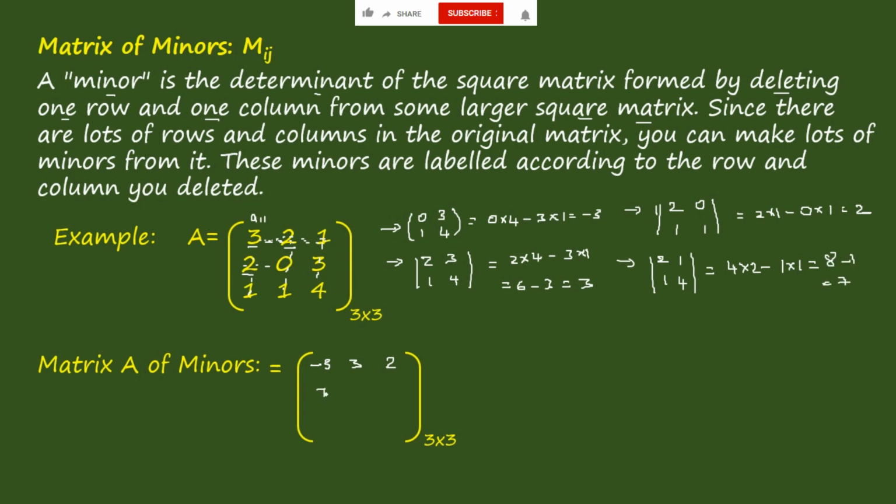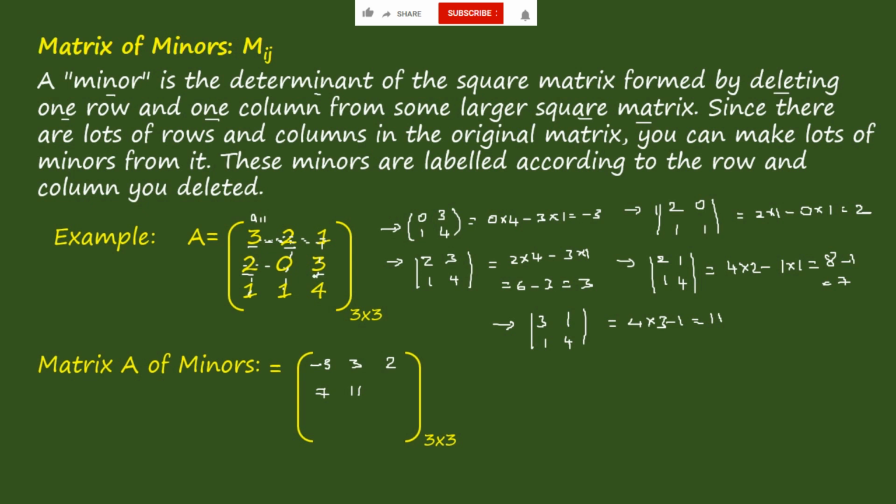So this value is 7. And consider 0. Again we delete the row and column. Then we get a square matrix 3, 1, 1, 4, which is 4 into 3 minus 1, which is 12 minus 1, which is 11. So this one is 11.